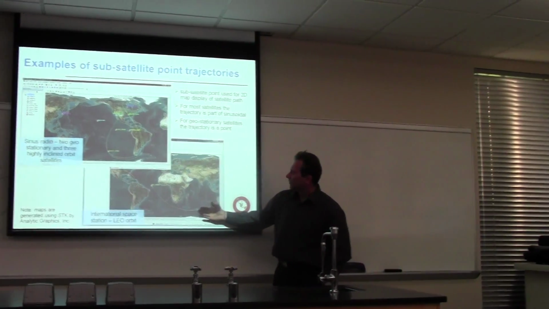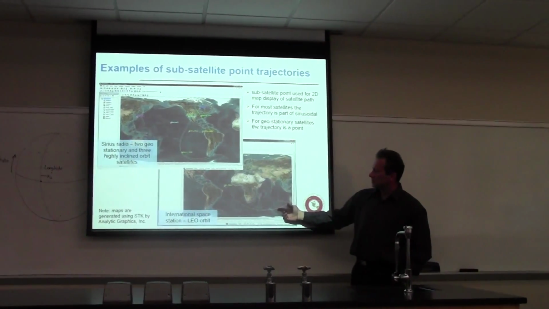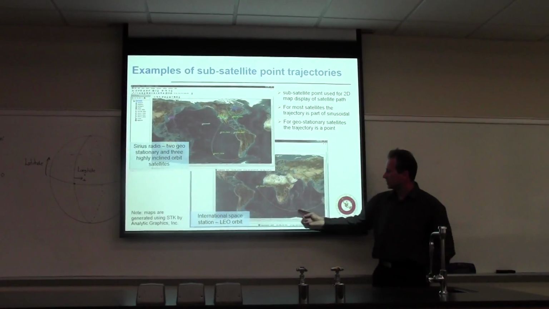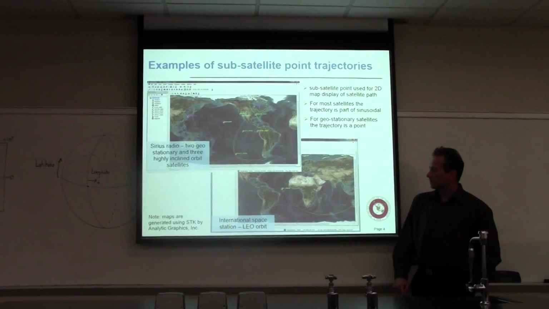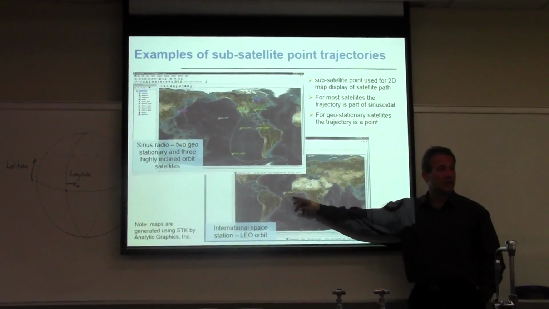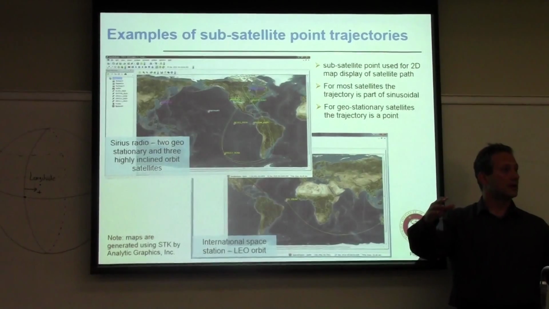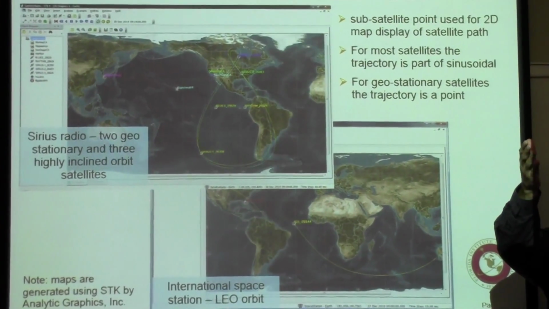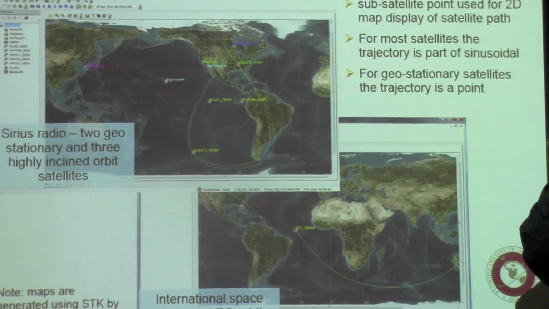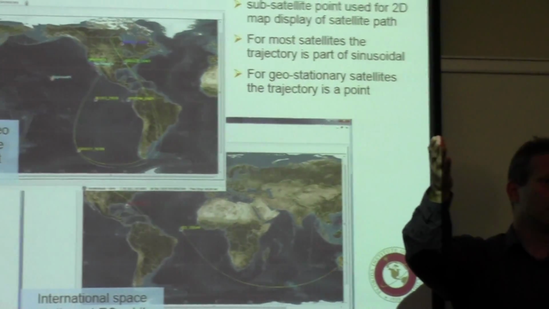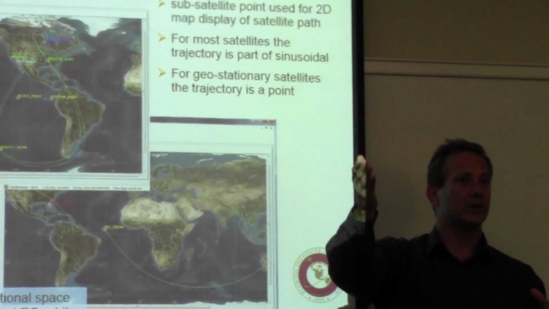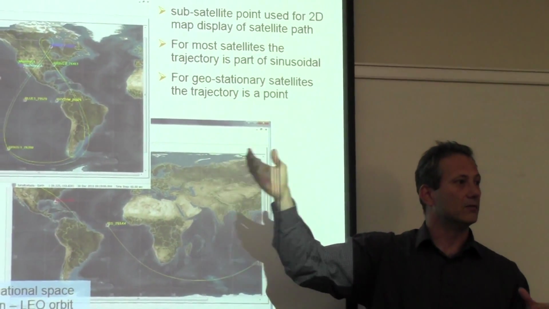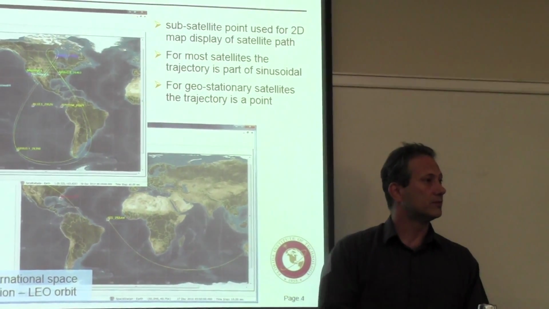The one below is the subsatellite point of the International Space Station as it travels. If you remember last time, the International Space Station has an orbit that's inclined about 50 degrees relative to the equatorial plane. Remember that what we got from the 2-line element data was an inclination of the orbit of 50 degrees.